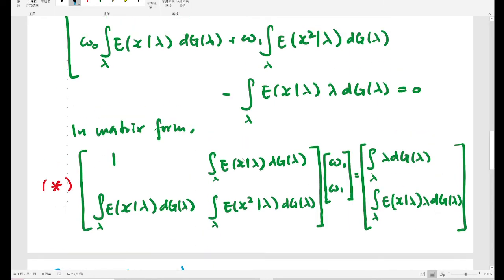This is the formula which determines the optimal omega 0 and omega 1. In this formula, we need to specify the conditional moments of x.